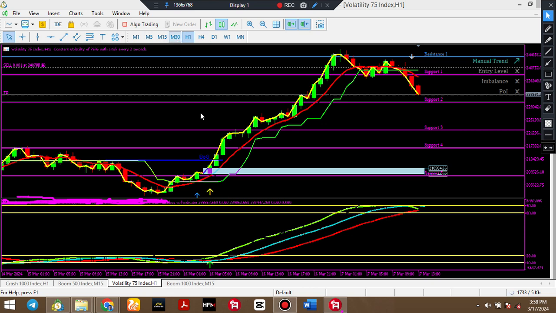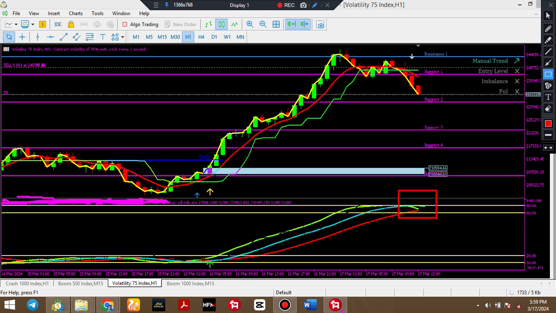Then any sell signal I get from the 5 minutes, which is the bigger arrow, I'll place the sell, then put my stop loss at the swing high, then take my profit at the nearest zone, either using the support zone or another block.